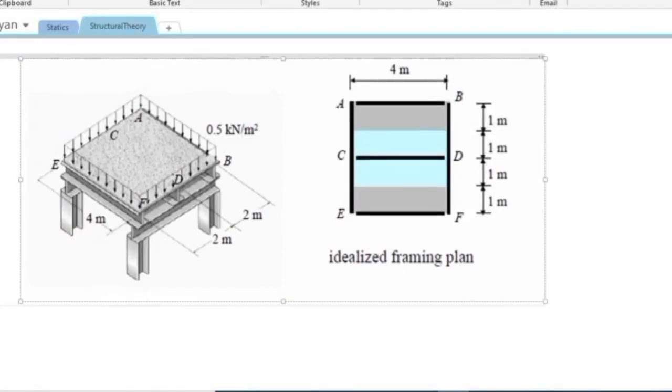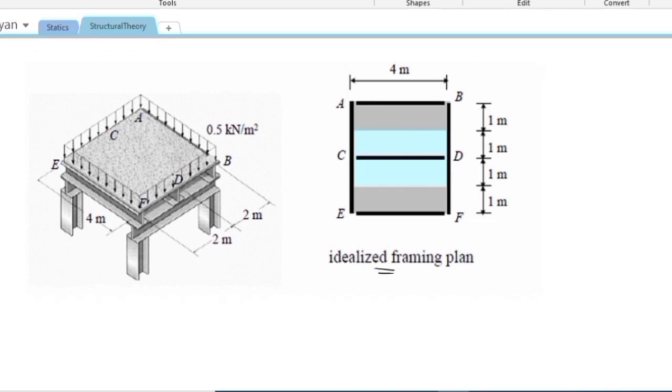Okay, balikan natin yung figure na pinakita kanina. Let's check if this is one-way or two-way slab. Titingnan natin sa idealized framing plan natin. Ito yung i-check natin. So, L sub 2 is equal to 4 meters and L sub 1 is equal to 2 meters.